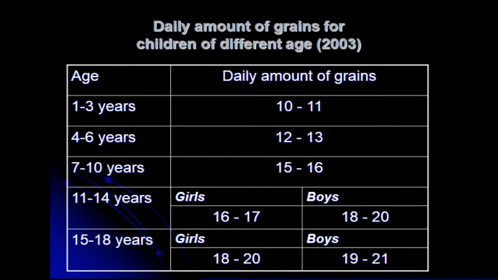If age 1 to 3 years, daily amount of grains 10 to 11. 4 to 6 years, daily amount of grains 12 to 13. 7 to 10 years, 15 to 16 grains. 11 to 14 years, for girls 60 to 70 grains, boys 18 to 20 grains. 15 to 18 years, for girls 18 to 20 grains, but boys 19 to 21 grains per day.